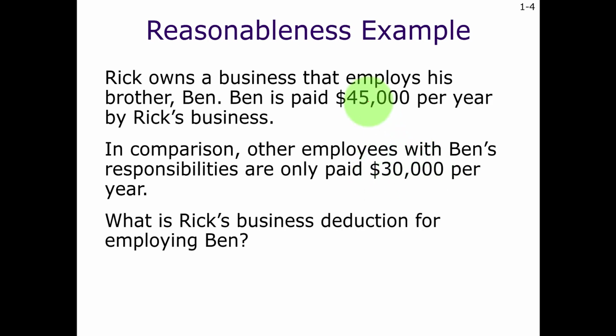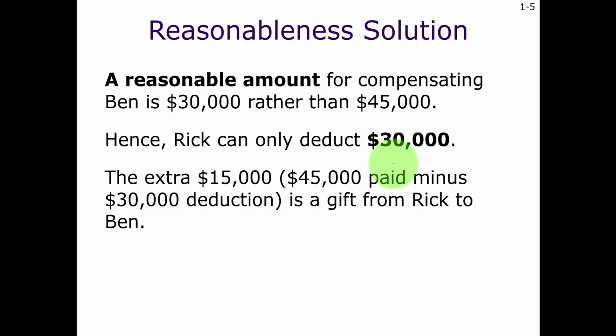So how about that extra 15? Can Rick deduct it? Well, according to the next slide, it's more of a personal gift Rick is giving to Ben and not necessarily compensation for work Ben has done. And when you pay a personal gift, you can't deduct that. Okay, so just 30,000 is deductible.